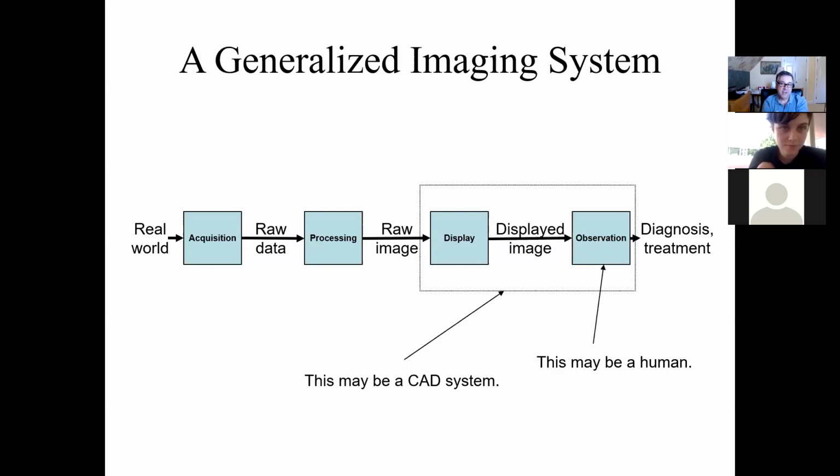To go back to your question, are we losing things by optimizing for observation? Well, not necessarily if observation is the task. And if that's what we're going to do with the image, that's fine, and we probably should do that.